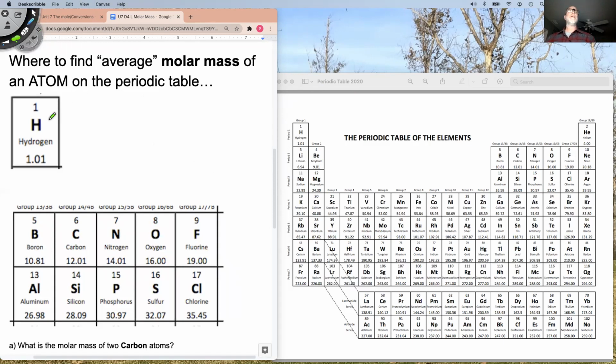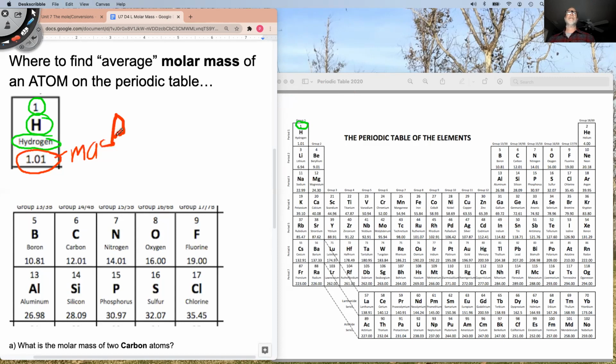Well, very quickly, that is the symbol of the atom. That is the name of the atom. This little number 1 right here, that is element number 1 on the periodic table, which signifies the number of protons. But then the one thing that we haven't talked about yet, the number on the bottom is the mass.